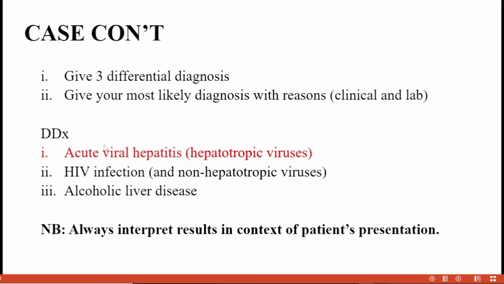We talked about much. So the differential diagnosis is acute viral hepatitis. Usually when we say acute viral hepatitis, the most common ones are the hepatotropic viruses: hepatitis A, B, C, D, and E. Hepatitis A and E are fecal-oral, and they usually cause acute hepatitis.